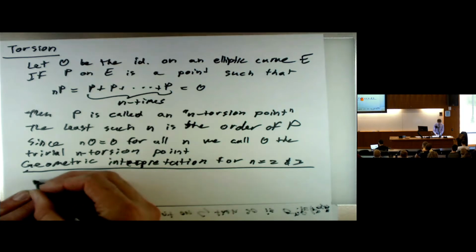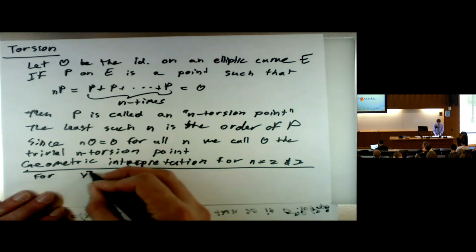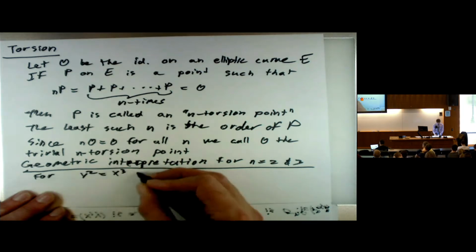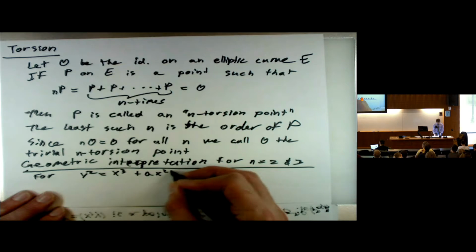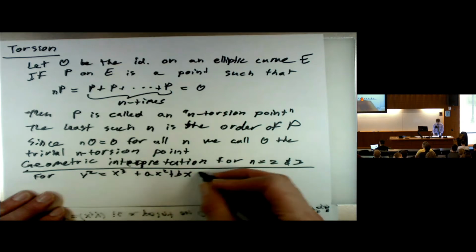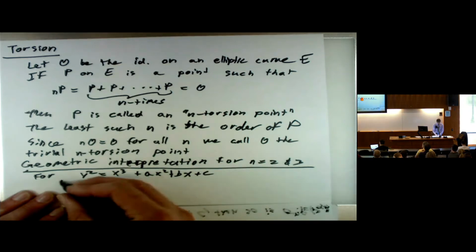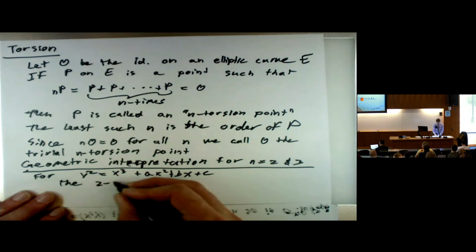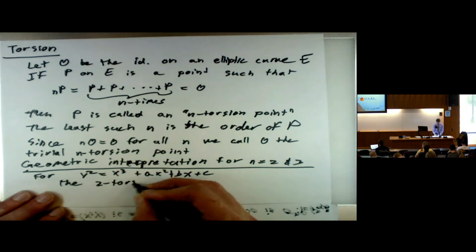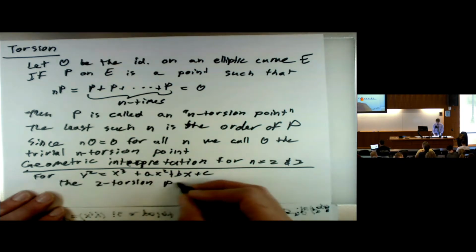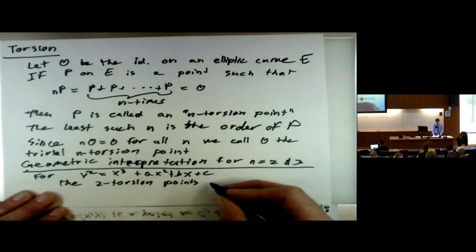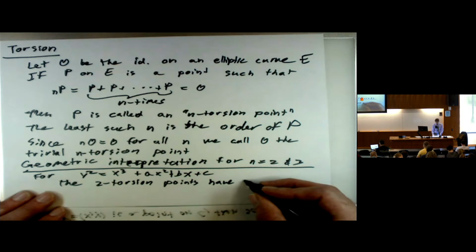So for y squared equals x cubed plus ax squared plus bx plus c, the 2 torsion points have vertical tangents.